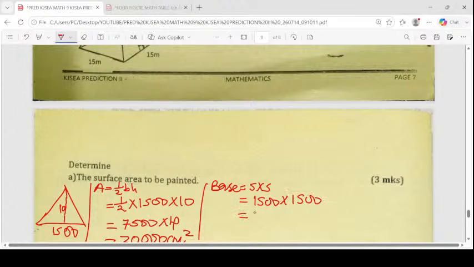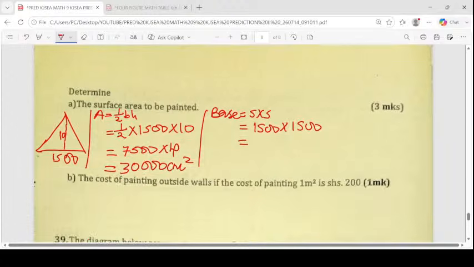When you do that multiplication, you are going to get 2,250,000 square centimeters.